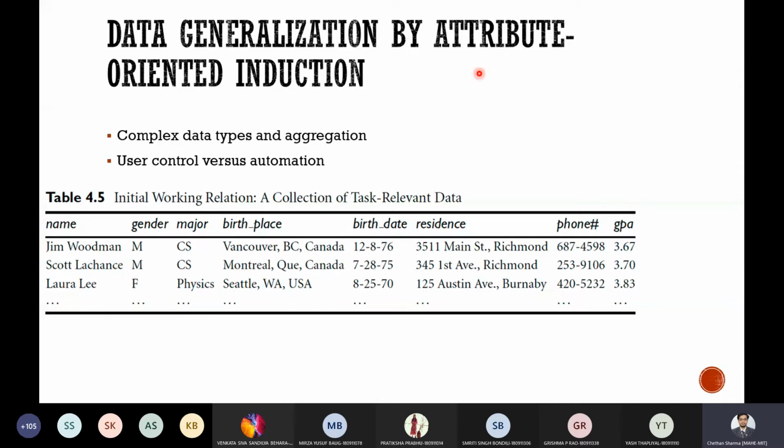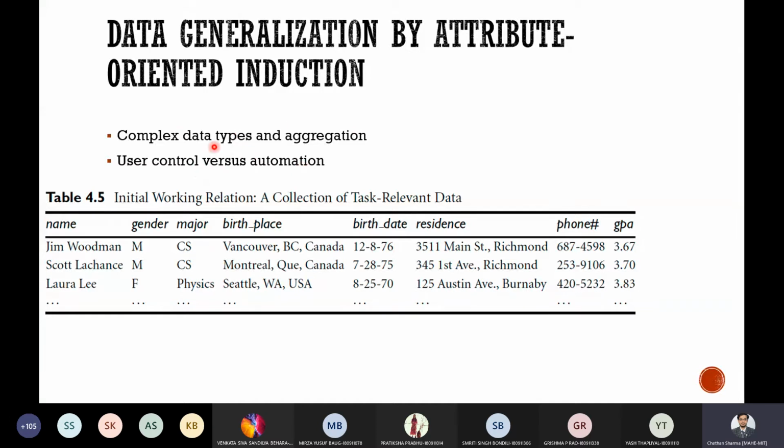So here, the one thing you have to concentrate on is this part. One question which you might ask is whether data cube technology is sufficient to accomplish all kinds of tasks for larger data sets.